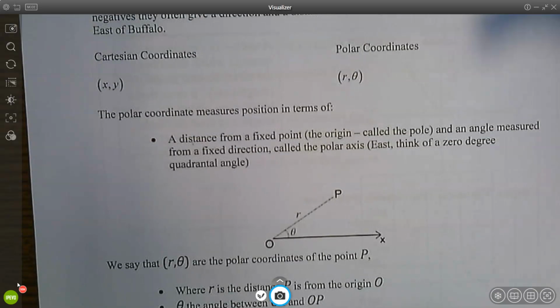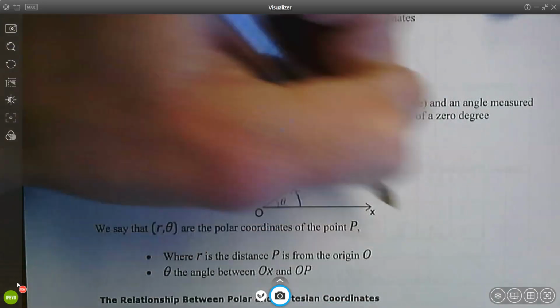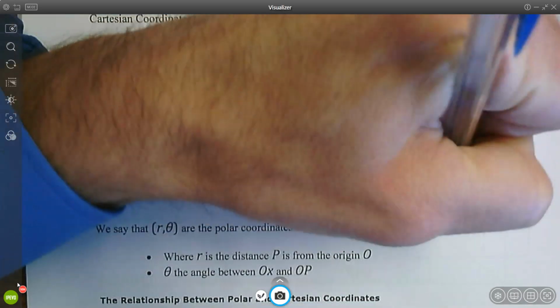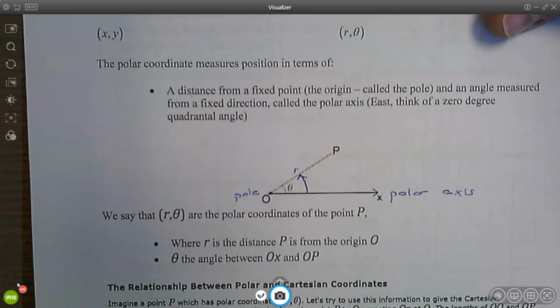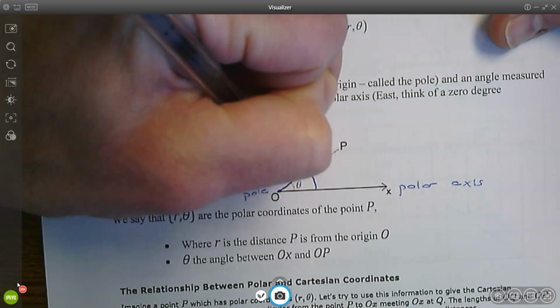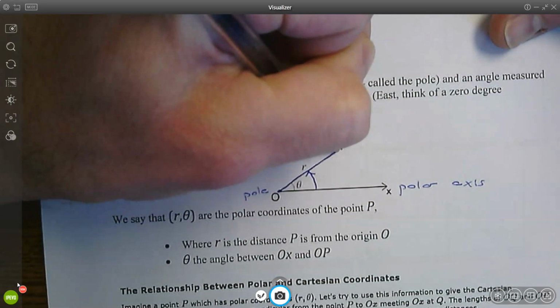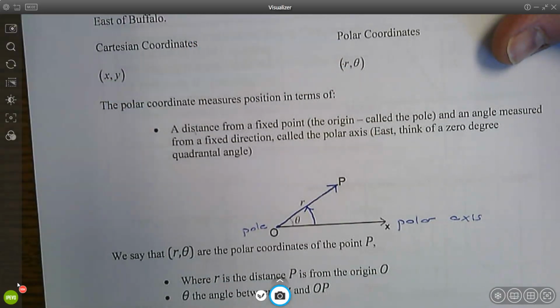And we know from last unit that's like the positive x-axis. There's your rotation. So this is called the polar axis. And the origin we're just referring to as the pole. And we know we created right triangles here. This radius measure, that's going to be what this r refers to.